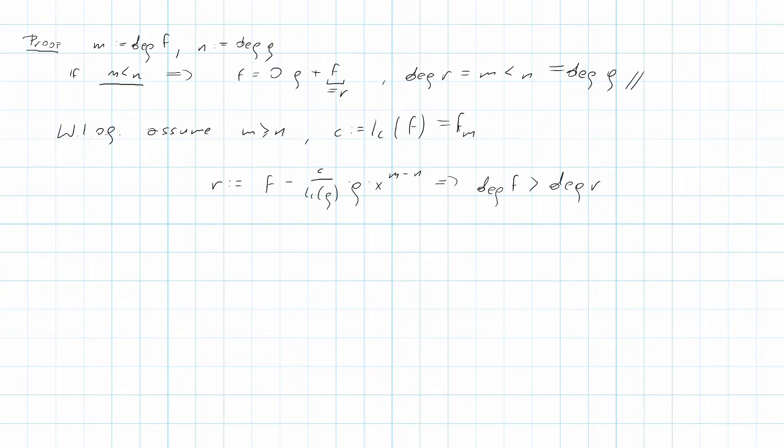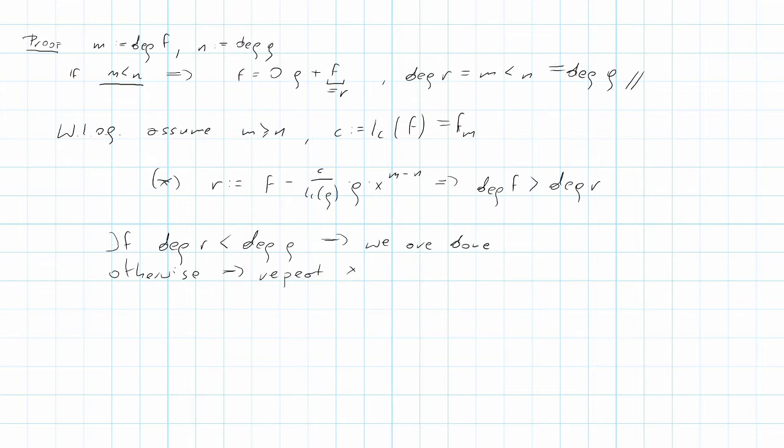Now there are two possibilities. If the degree of r is strictly smaller than the degree of g, then we are done. Otherwise we can just repeat this step again. If I denote this step by star, then repeat star.